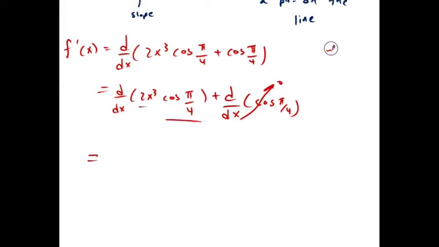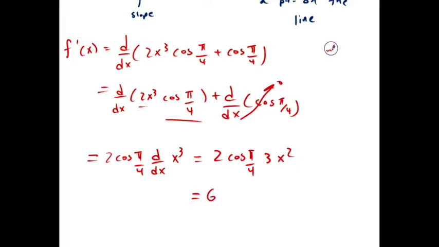Since 2 and cosine pi over 4 are constants, we can pull them out. And now we just need to use the power rule, and that gives us 3x squared. So we have 6 cosine pi over 4 times x squared as our derivative of x.